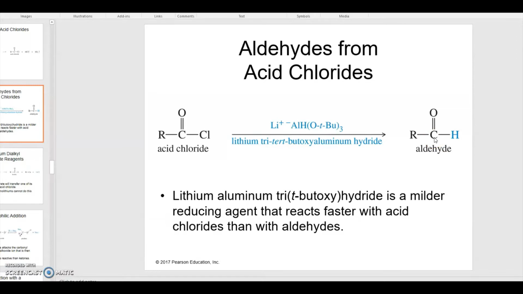So in order to prevent aldehyde from changing to alcohol, you need to modify the reducing agent that we typically use, like lithium aluminum hydride, and here is the modified version of the reducing agent that is used in your textbook.